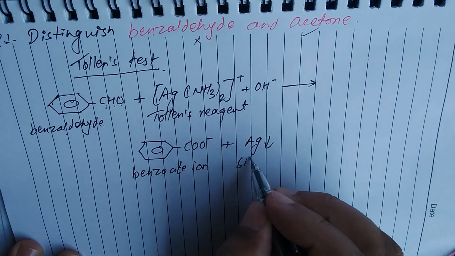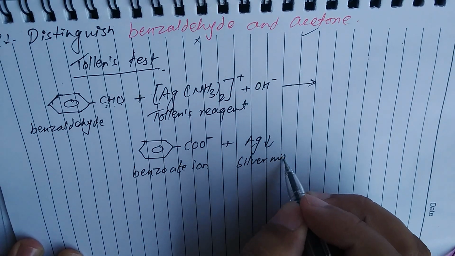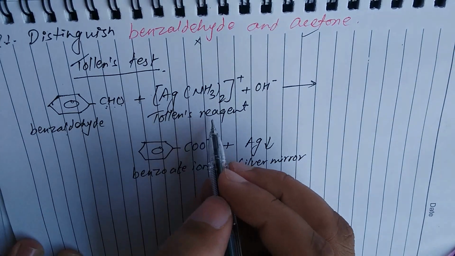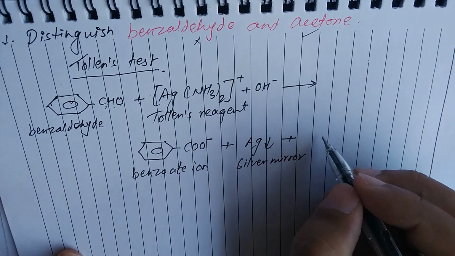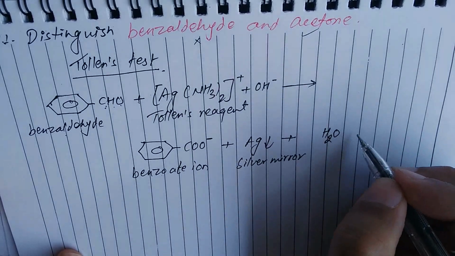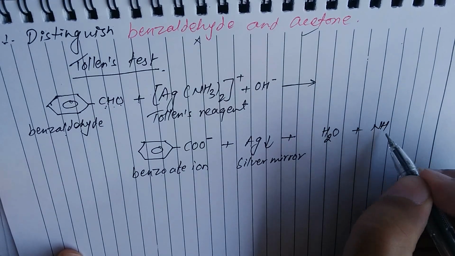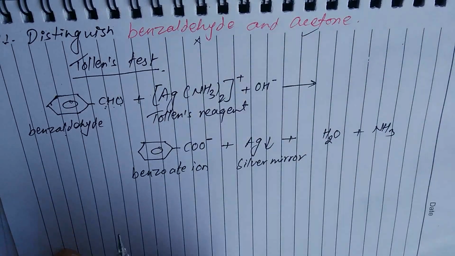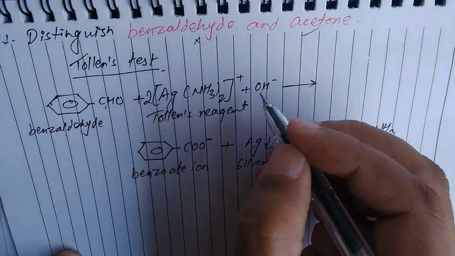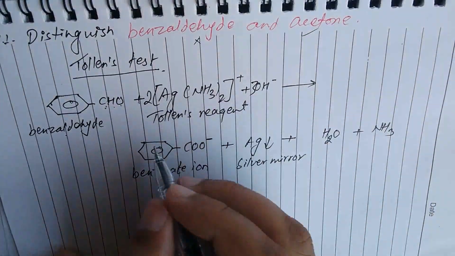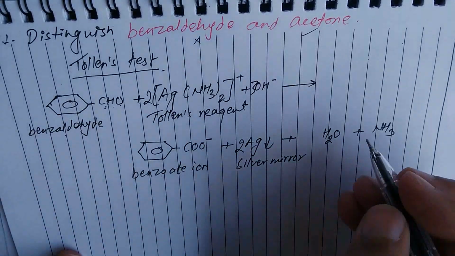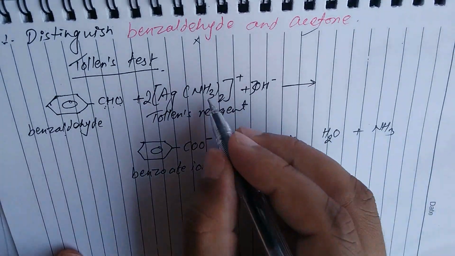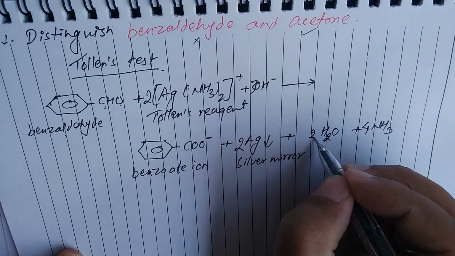This is a silver mirror. Tollen's reagent is reduced here, plus water H2O plus ammonia NH3. So what do we have to write here? 2 and 3, total charge 1 minus, and 2 Ag, and here is nitrogen 4 and 2 water.